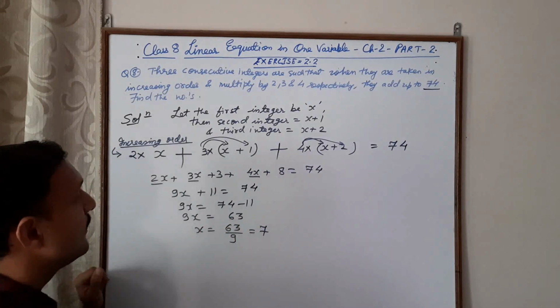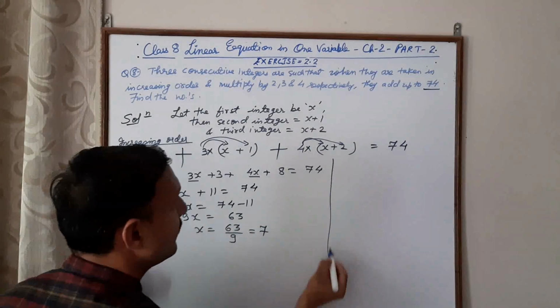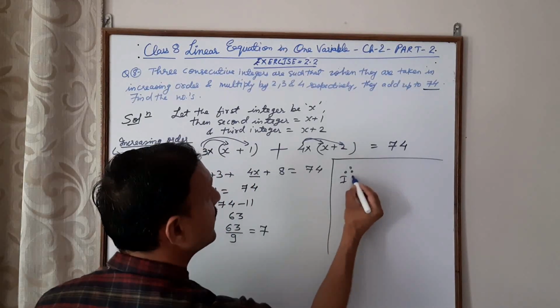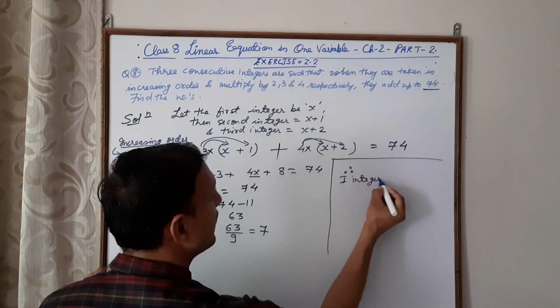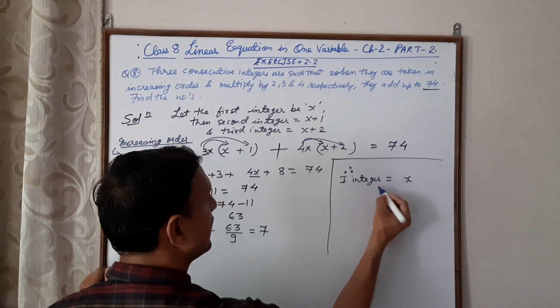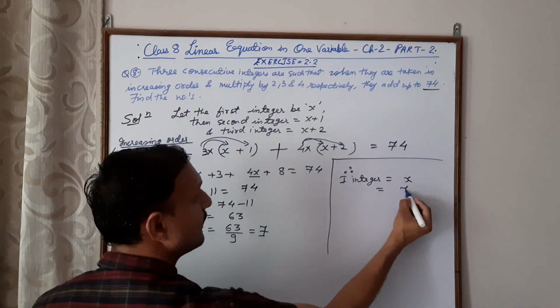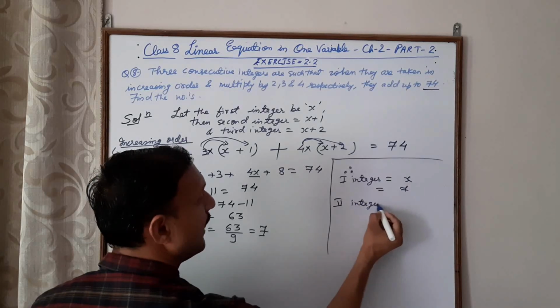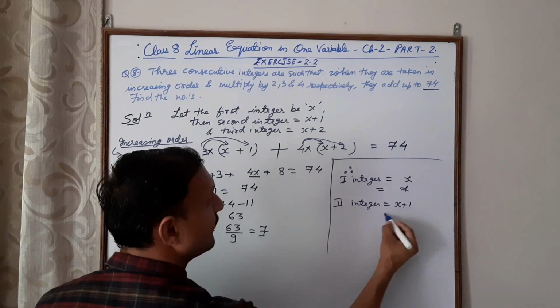Therefore, what is the first integer? x, and x is 7. Second integer, x plus 1, 7 plus 1, 8.